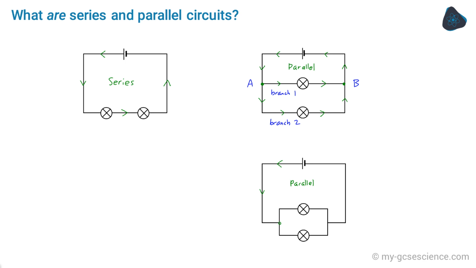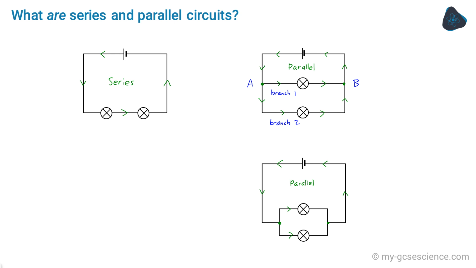When they reach this point in the circuit, they again have two paths. The charges can go through the top bulb or the bottom bulb. They'll join together again at this point, and from there they'll travel all the way around the rest of the circuit to the negative terminal of the supply.